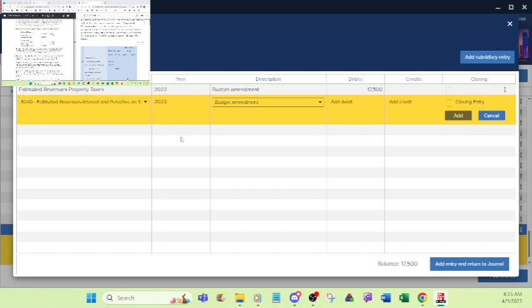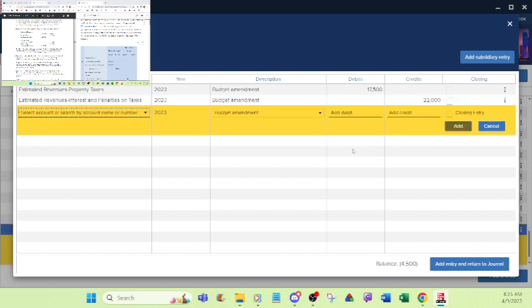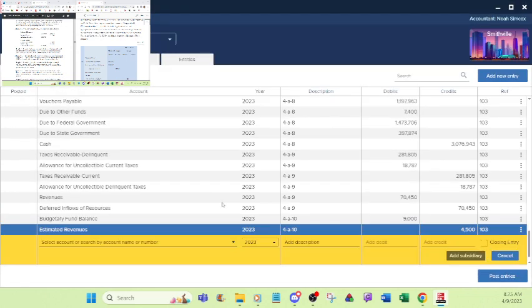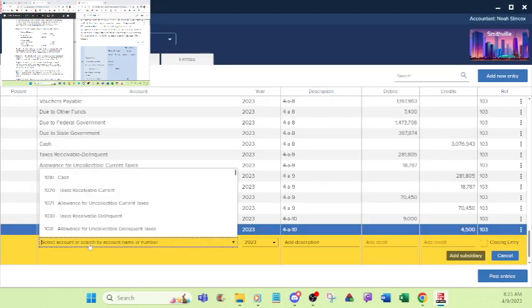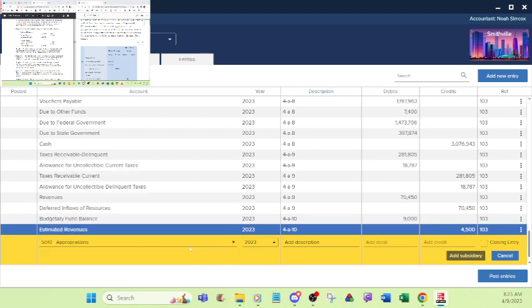We are going to decrease the interest and penalties revenue. That was the change, 4,500, credit balance. And then we're going to have appropriations here.